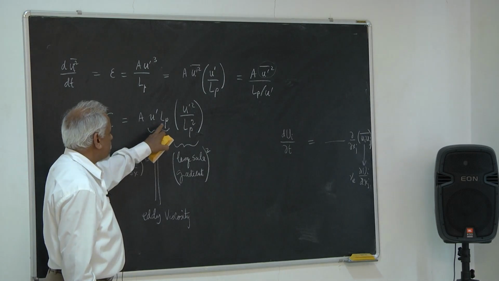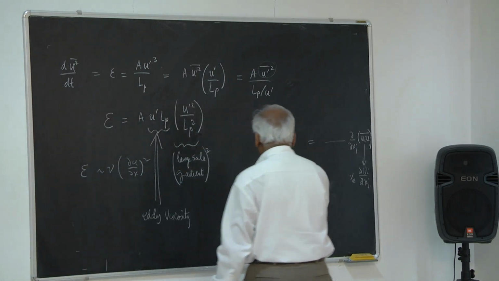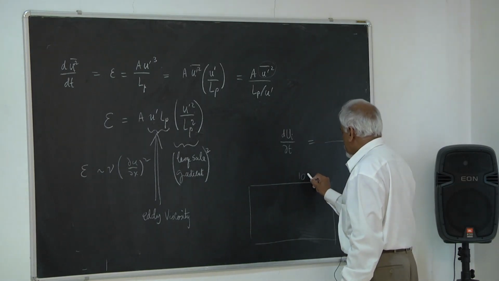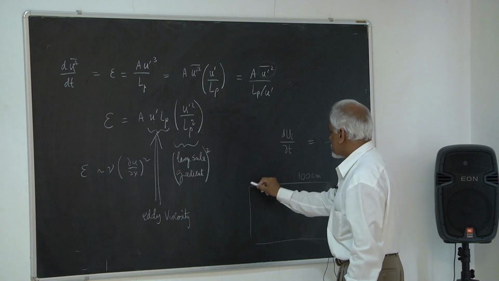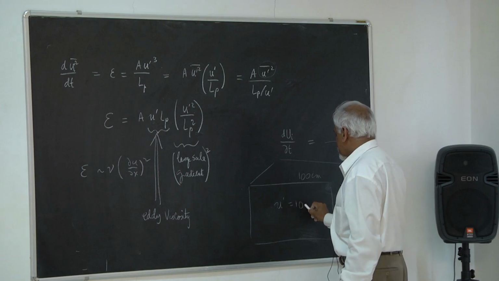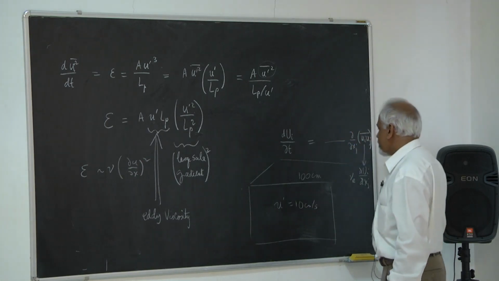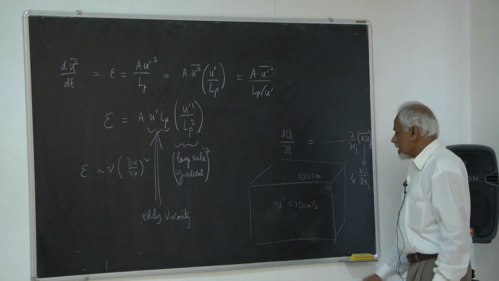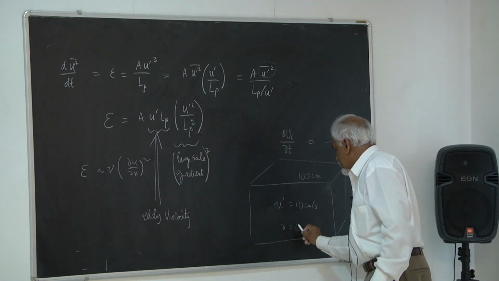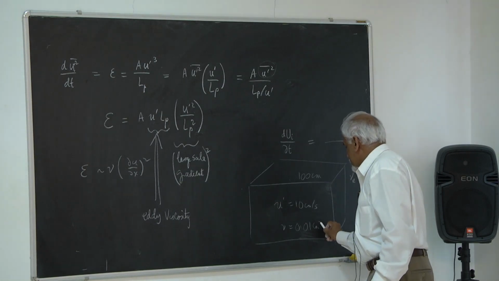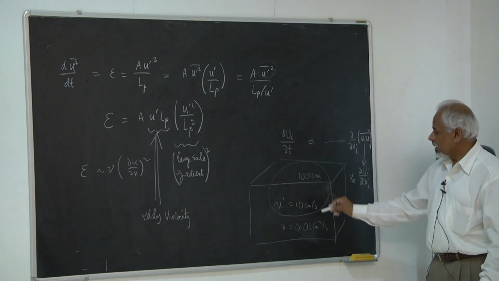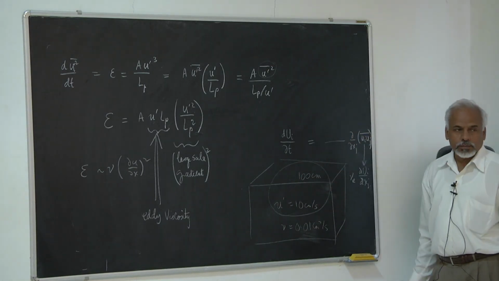So eddy viscosity is like that. So let's now pause for a minute and say I have a tank which I am shaking, and this is 100 centimeters I wrote down yesterday, and the velocity RMS is say 10 centimeters a second. The kinematic viscosity of the fluid, if it is water, let's say nu, is 0.01 centimeter squared per second, but the effective viscosity is a product of these two, which is 1000 centimeters squared per second.